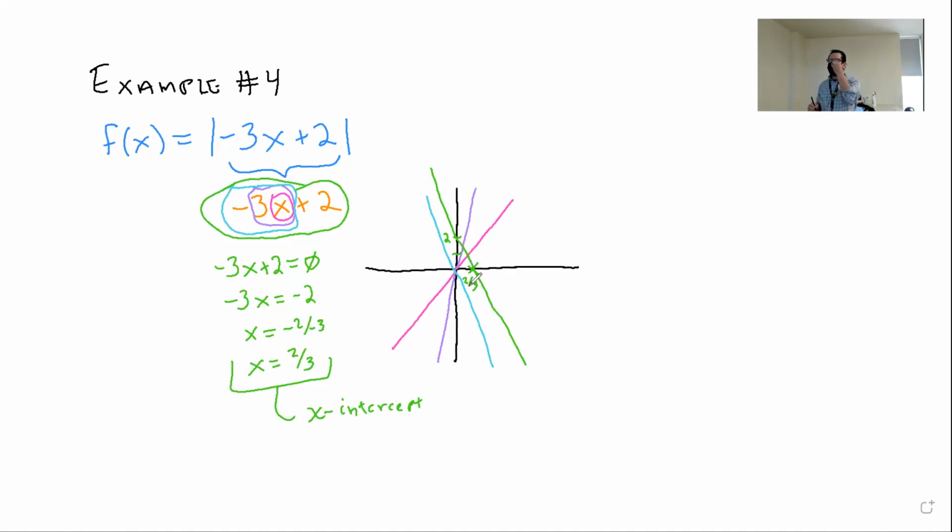2/3. Okay, so I'm going to draw that over here on this side again in green. So the graph of what's inside the absolute value is going to be 1, 2, 1, 2, and 2/3 is roughly around here.